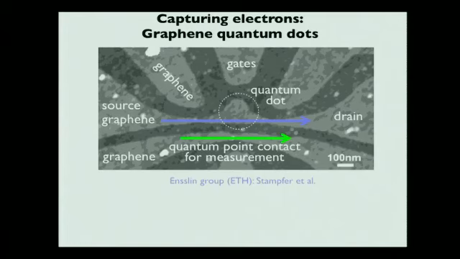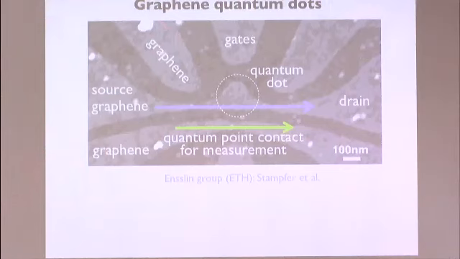So for example, if you apply an extra potential to this particular gate, it will mostly affect the quantum dot. And if there are any discrete levels inside the quantum dots, you can shift them up and down by application of a voltage. Or also, if you apply a voltage to these gates, then you can, for example, repel electrons from this narrow constriction and make it even harder for them to get through the constriction. So these are the typical tricks that people play when they experiment on quantum dots.